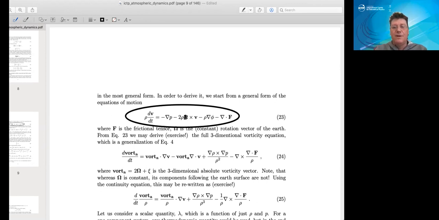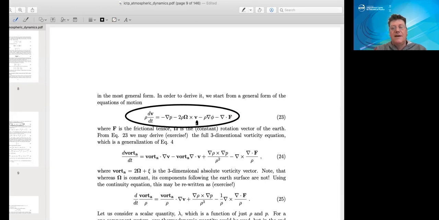We have to consider that this is a constant vector. However, f is variable because you take one component of this vector that is varying along the surface of the Earth. But if you take the full vector, it's a constant vector. And this is used in this lecture.